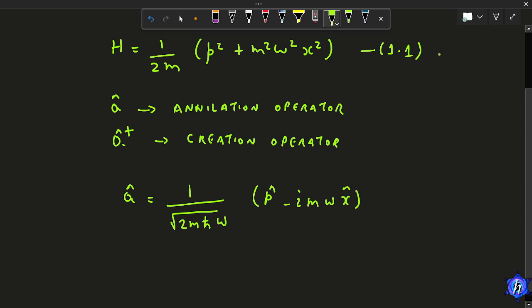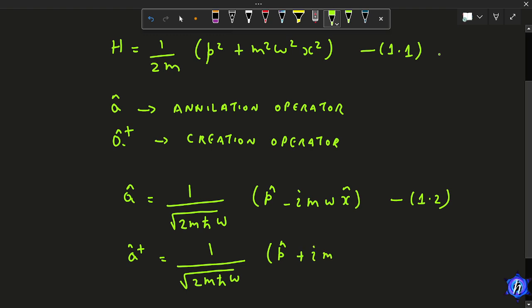So p cap and x cap are again the operators. This is 1.2. And furthermore, I define the creation operator as 1 upon under root 2m h cross omega, p cap plus i m omega x cap. This is equation 1.3.